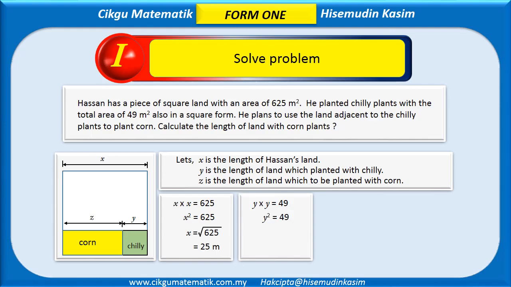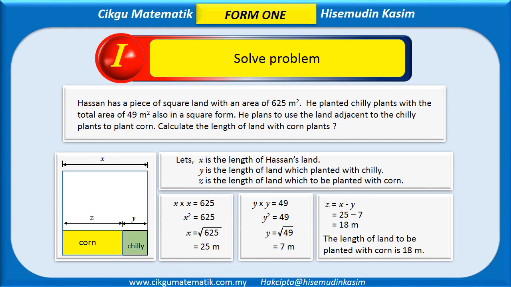Y squared equal to 49. Y equal to the square root of 49 equal to 7 meters. Z equal to X minus Y equal to 25 minus 7 equal to 18 meters. The length of land to be planted with corn is 18 meters.